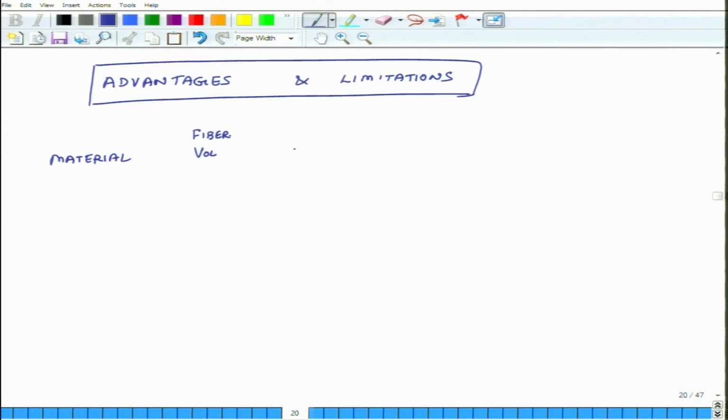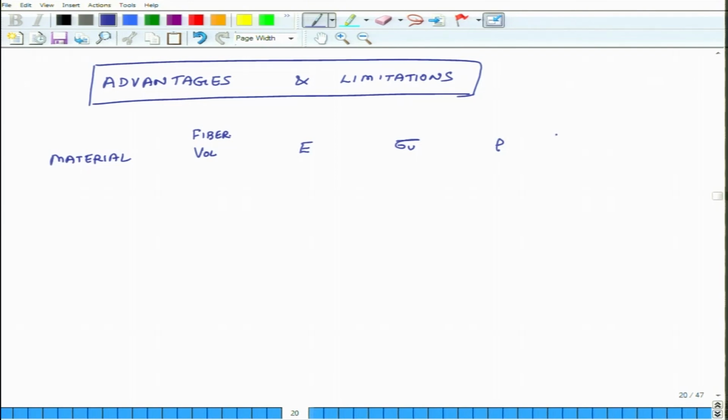The third column would be Young's modulus E, in GPa units. The fourth column would be tensile strength sigma u. The fifth column would be density.